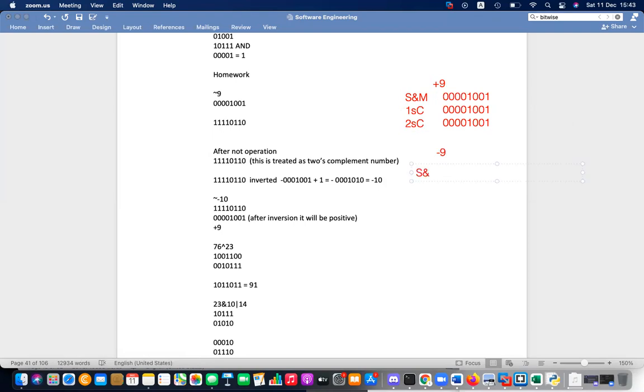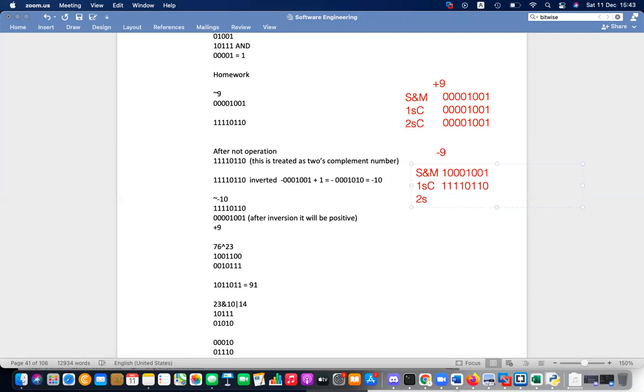In sign and magnitude, you write the sign as negative, then 9 as 9. For 1's complement, the sign is negative, and you reverse the other bits.